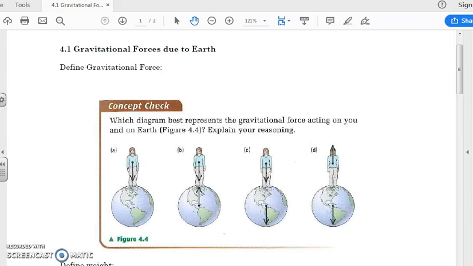So, first of all, when we're defining a gravitational force, we're really talking about an attractive force between any two objects due to their mass.